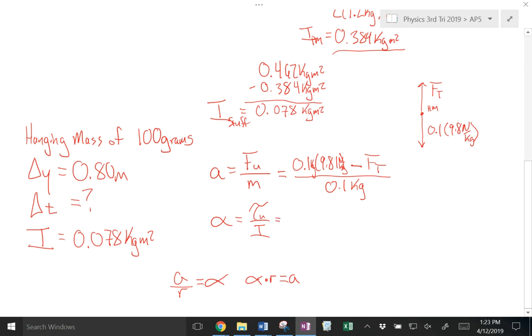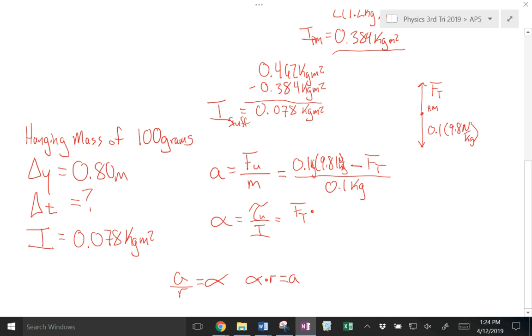Unbalanced torque over here. What's causing the unbalanced torque on the spindle? What's causing the spindle to want to rotate? What is interacting with the spindle trying to make it turn? There's a string tied to it, right? Okay, so F_T.